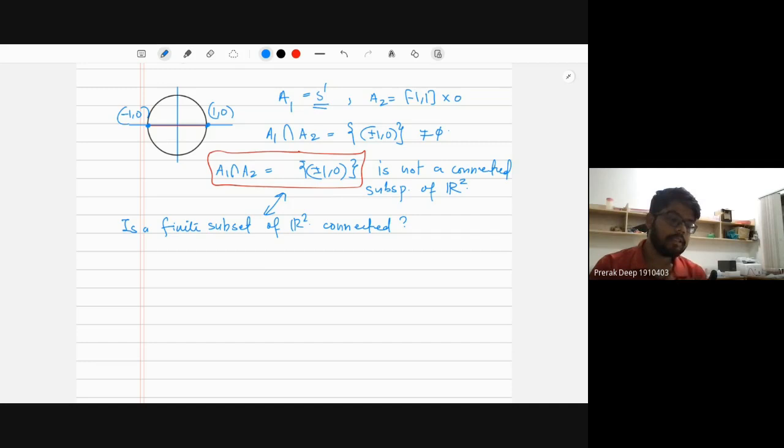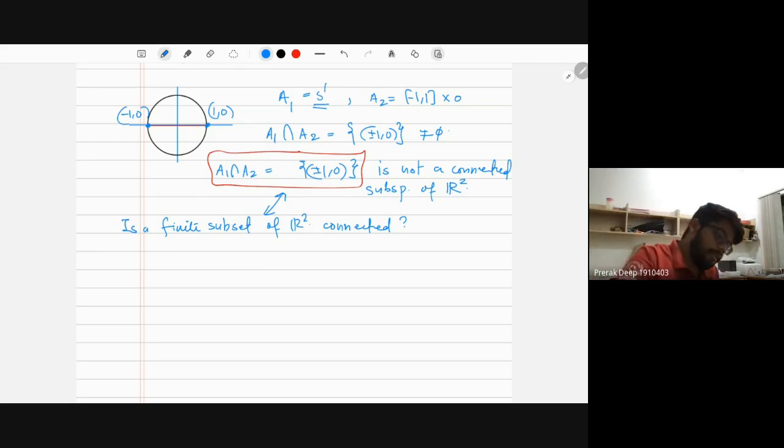Whenever there is a question of connectedness of some subspace in R2, you need to ask me back what the topology on that is, right? What is the topology on that finite subset? Because in order to talk about connectedness, you need some topology on that subset.